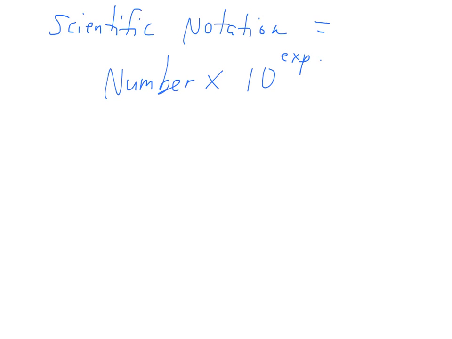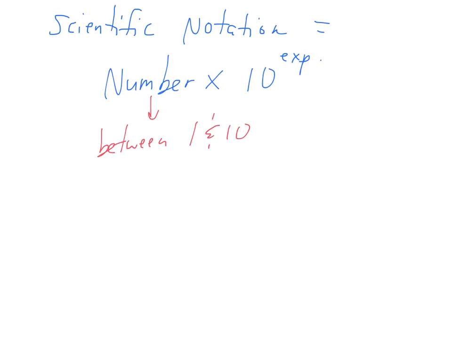Scientific notation is a tool for people to use in order to write numbers that are very large versus very small. So scientific notation equals some number times 10 raised to some exponent. This number, however, better be between 1 and 10.